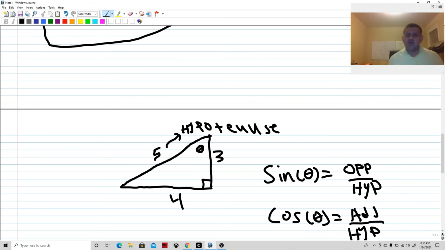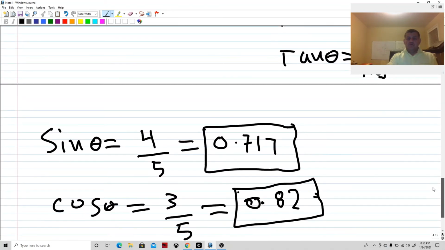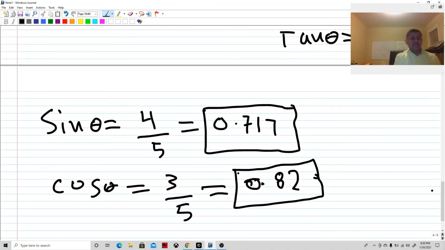So those are some of the basic triangles. And let's say that I use the other one, 0.82 over 0.717. Remember, when you find the angle, you take the inverse.